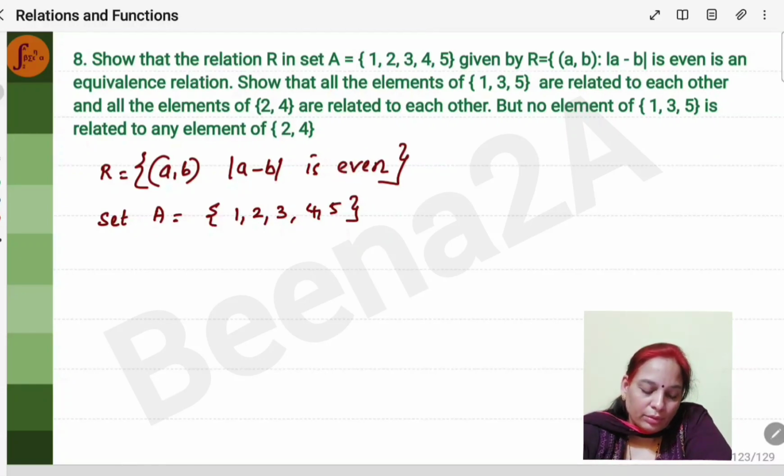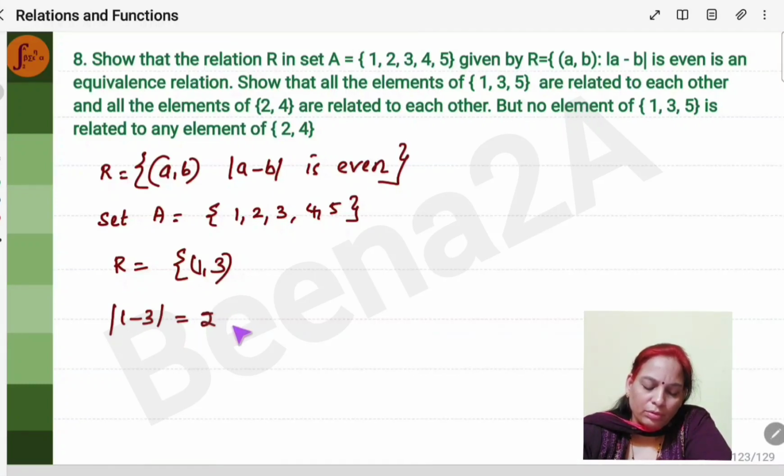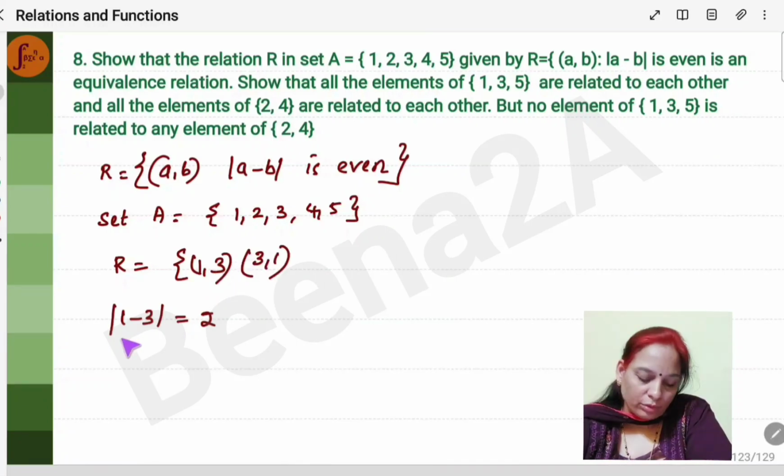For example, I can take 1 comma 3, because mod of 1 minus 3 is 2, which is even. 1 minus 3 is minus 2, but since it's modulus, I ignore the minus.